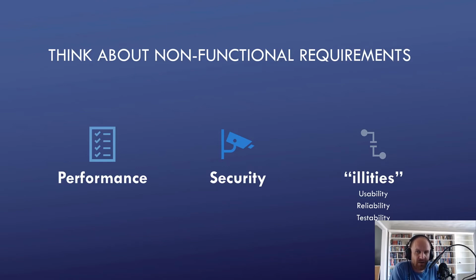The testability, how easy is it for me to actually check the things that I need to check? So all these things add up to contributing heavily to quality. And so we should be thinking not just about, does this API do the correct thing in the correct way, but also, does this API work well from a holistic viewpoint of quality with these non-functional requirements too.